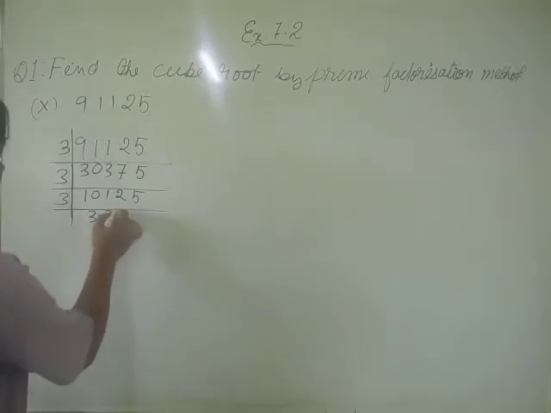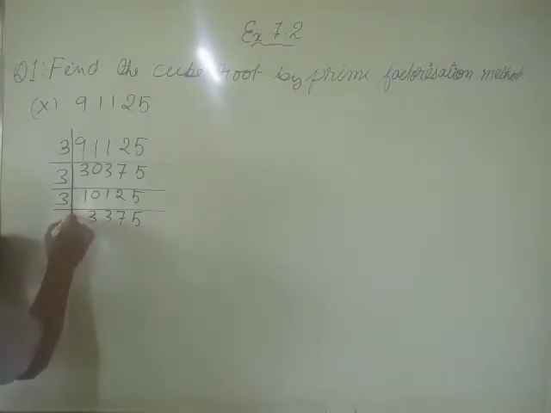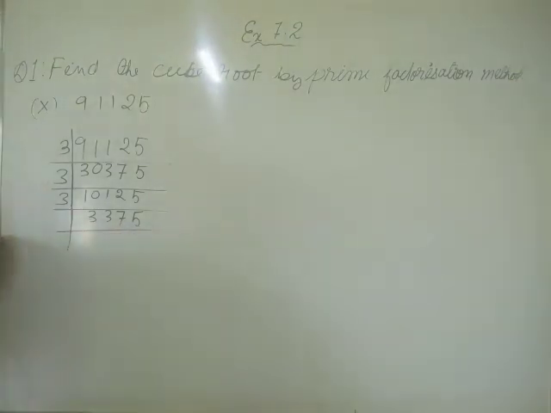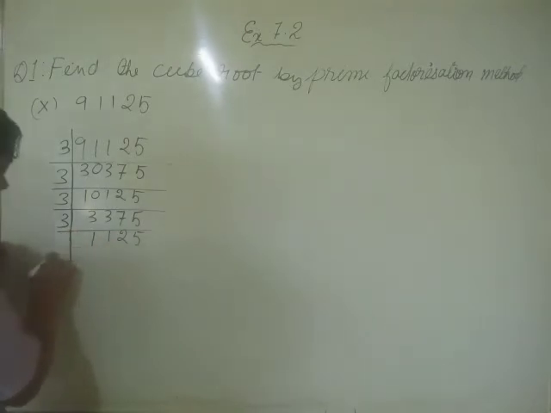Then we got here 3 7s, 3 5s are 15. Next we can still continue with the 3 here. 3 1, 3 1, 3 2, 3 5. Then still we can continue with 3.